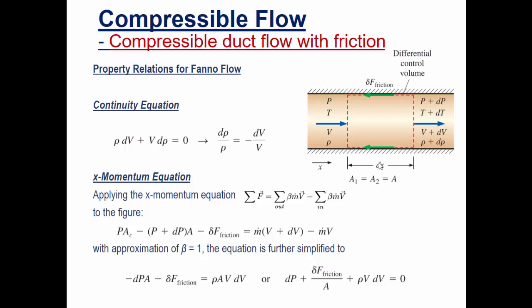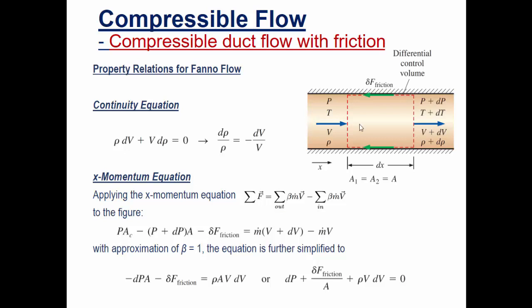Okay, and then we are using the same control volume, but now instead of looking into the control volume, we are looking into a differential control volume, where the friction force is actually a differential force. Or we can consider in a simpler term, the differential force is actually a small change in the friction force.